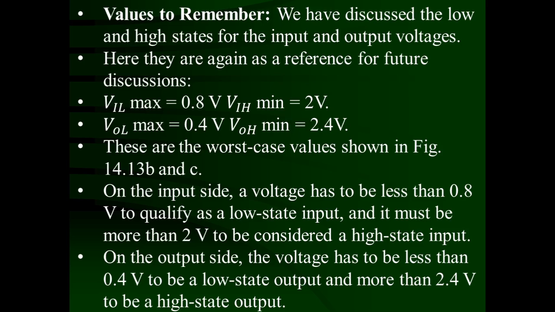On the input side, a voltage has to be less than 0.8 volt to qualify as a low state input, and it must be more than 2 volt to be considered a high state input. On the output side, the voltage has to be less than 0.4 volt to be a low state output and more than 2.4 volt to be a high state output.